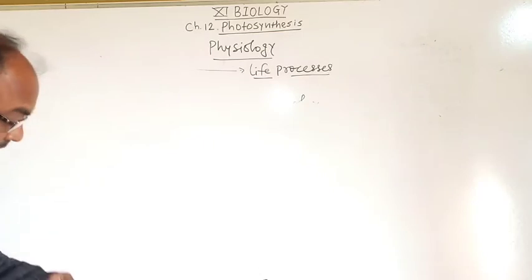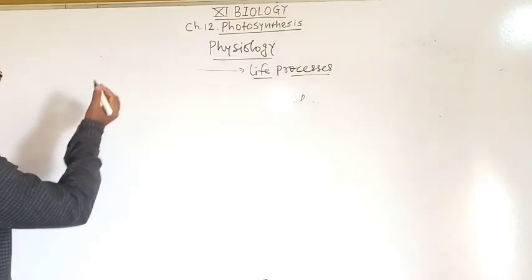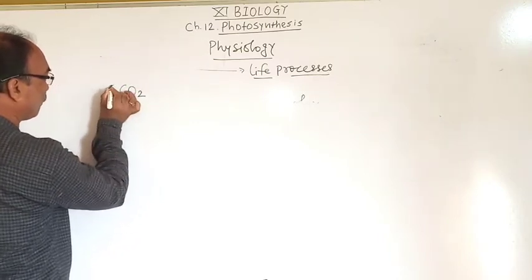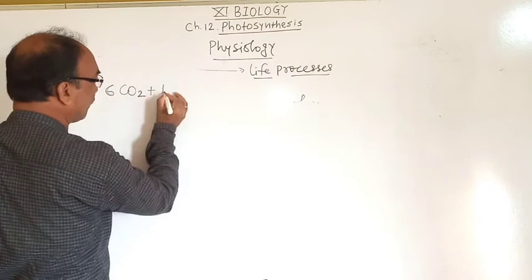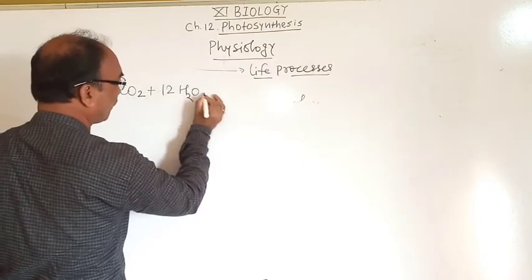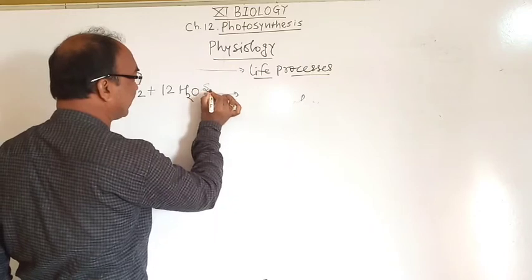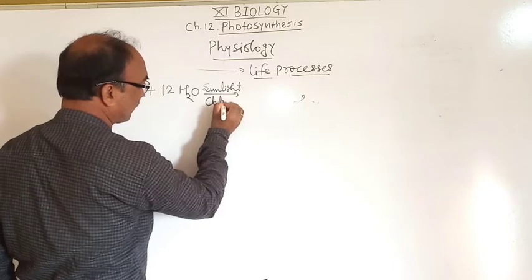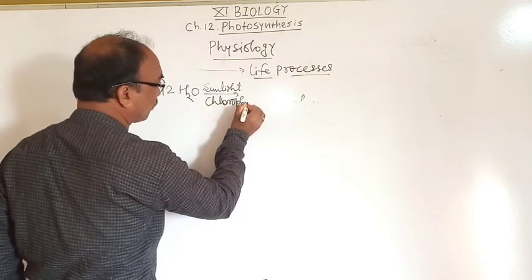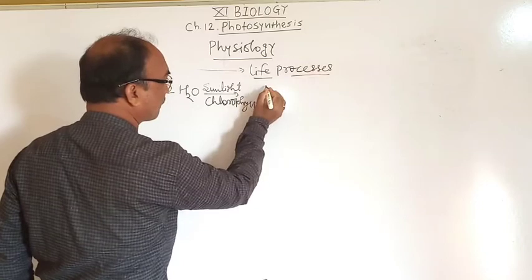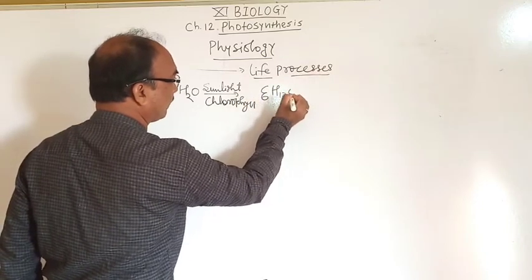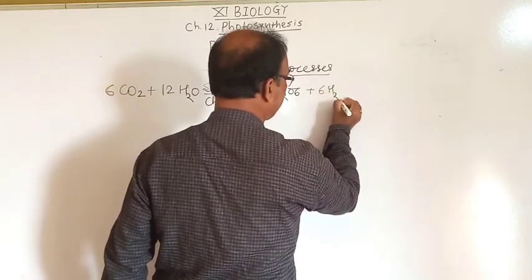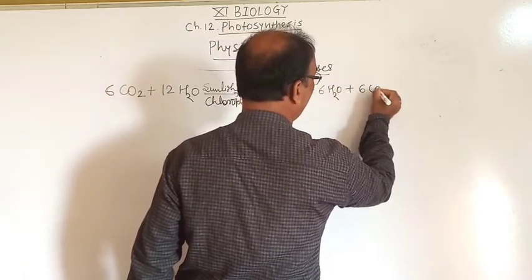That photosynthesis means the 6CO2 plus 12H2O in presence of the sunlight and chlorophyll to form C6H12O6 plus 6H2O plus 6CO2.